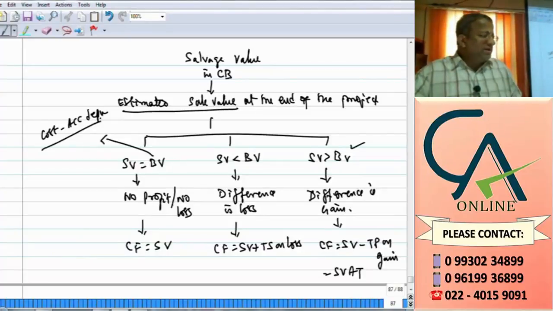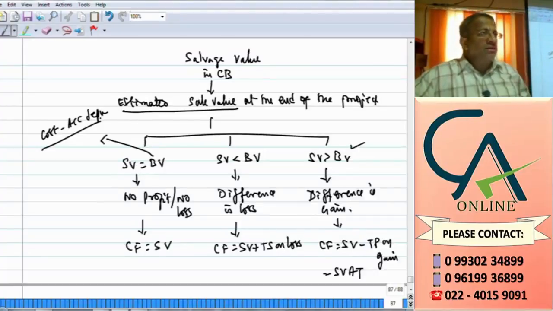See, AS 12 deals with government grants. I think you would have undergone that accounting standard. There are two opinions that you have. One, deduct the government grant from the cost of the asset and charge depreciation on the net cost.